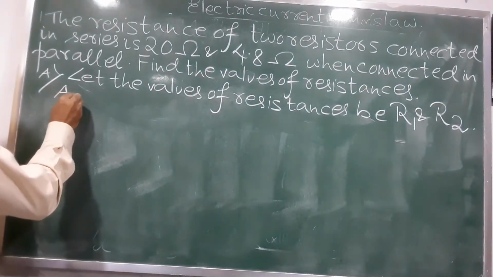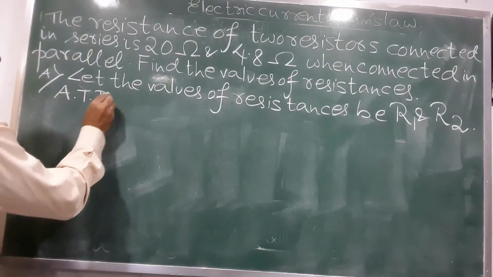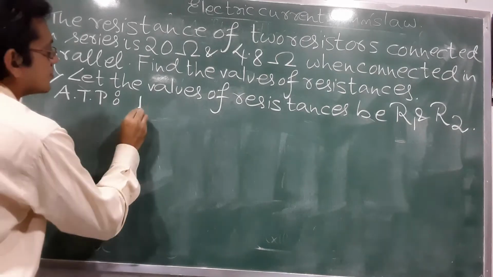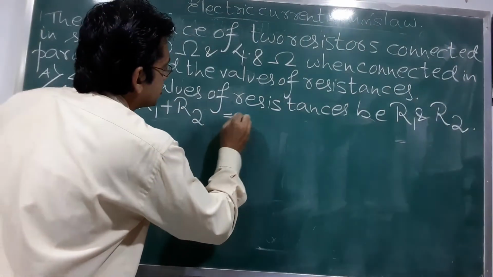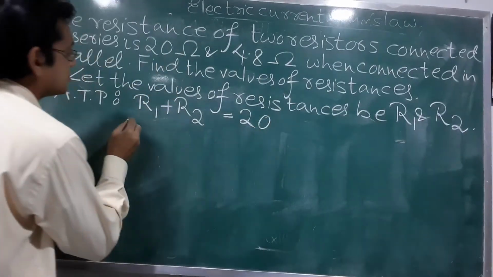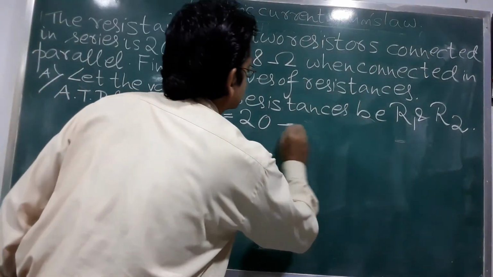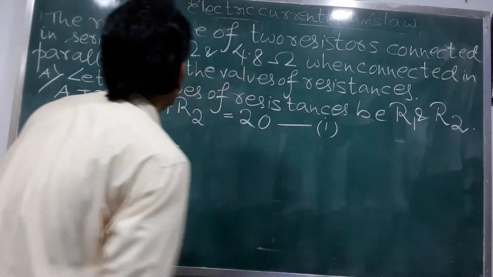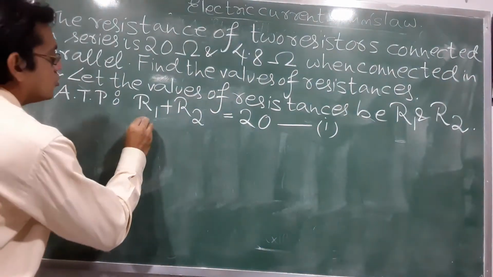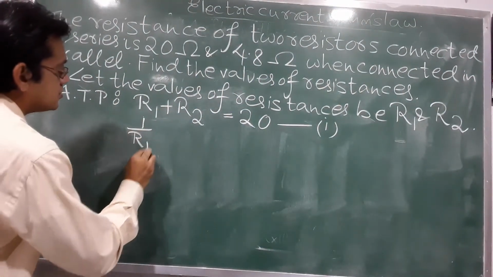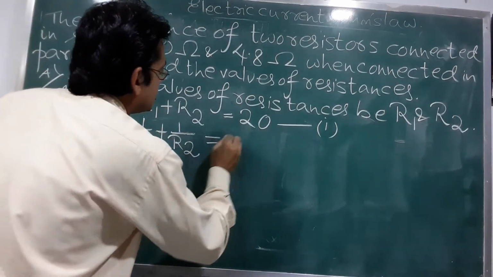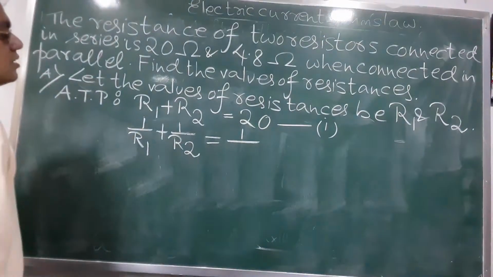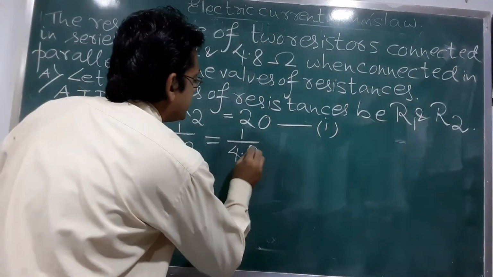So according to the problem, R1 plus R2 equal to 20, and 1 by R1 plus 1 by R2 equal to 1 by 4.8.